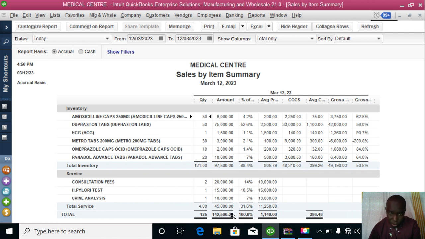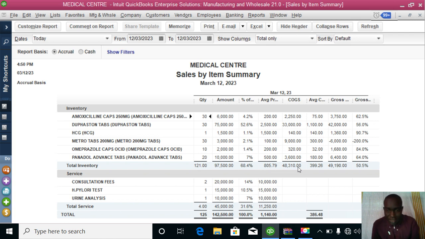And the total amount was 142. Now this one comes back here to this column called cost of goods sold. These drugs which were sold were worth this money. This was their cost price, 48,310.